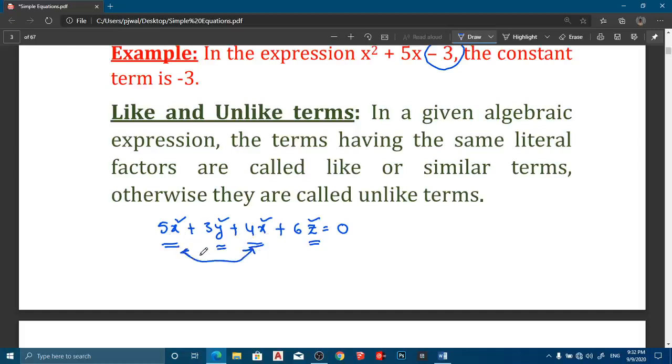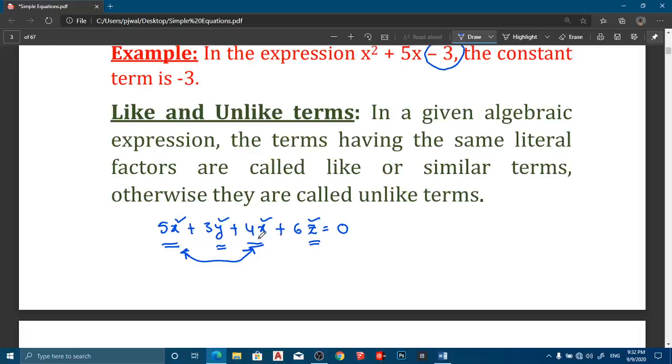So what is the use of finding out the like terms and unlike terms? Like in integers, fractions and decimals, only if you know that the given terms are like terms can you add or subtract. You can also compare whether they are less or greater.